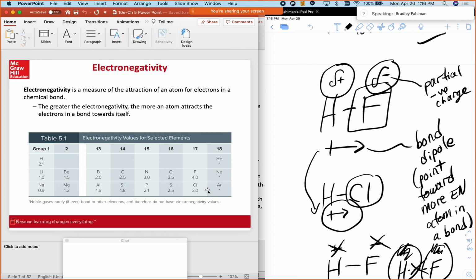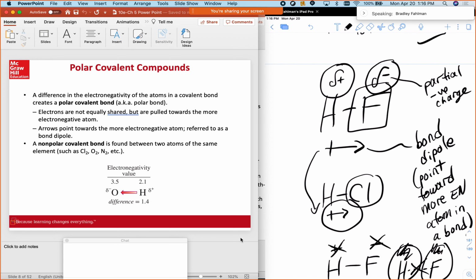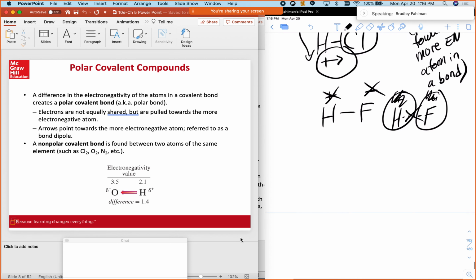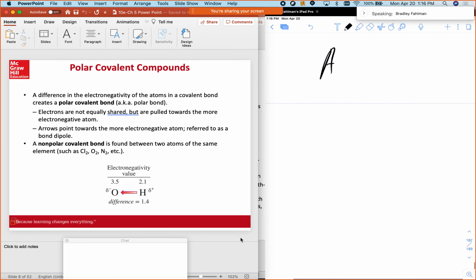We're going to kind of expand on that today, but okay. All right, so most of the time, we will have polar covalent bonds. And what that means is that you have two atoms that differ.